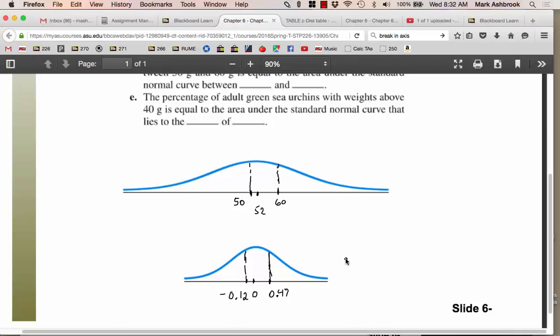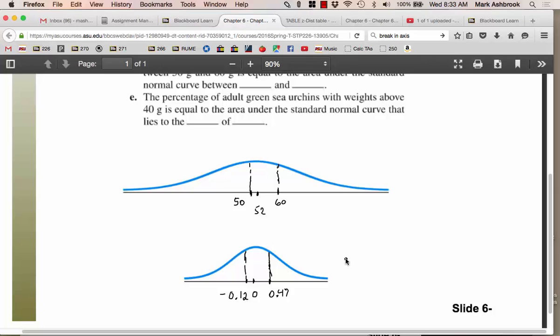Okay. You can do it many different ways. How about over here? Tell me your name again. Jason. Jason, how'd it go? Good. So tell me what we're doing. So we had z-scores of negative 0.12 and 0.47. Those corresponded to sea urchin weights of 50 and 60. So what'd you do?